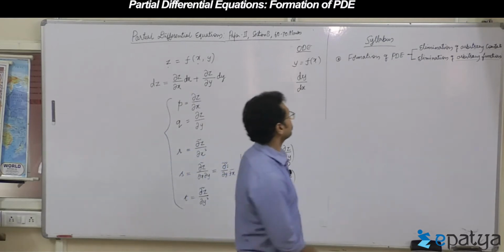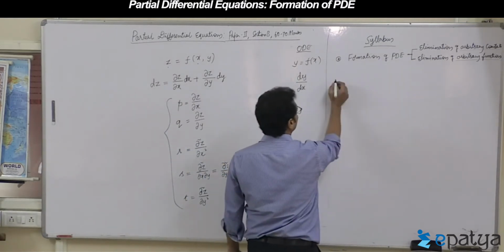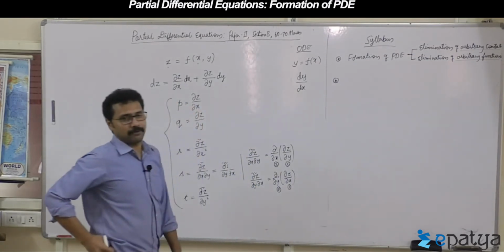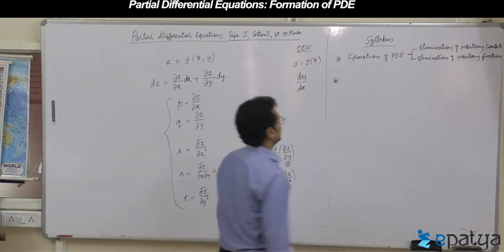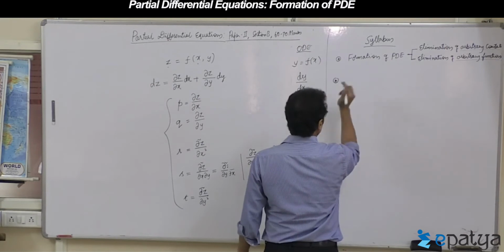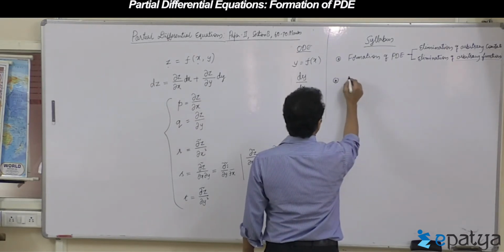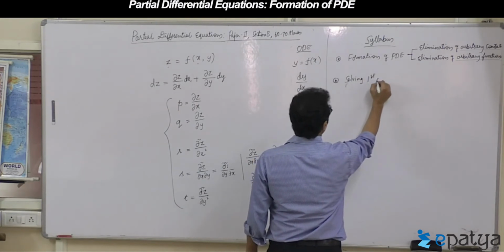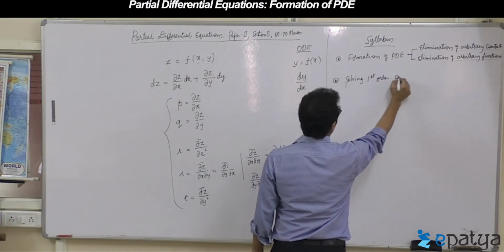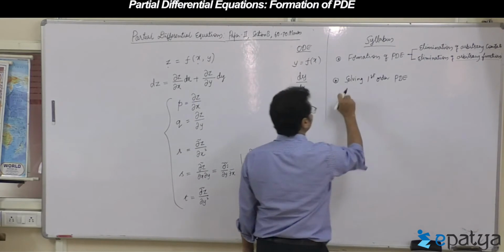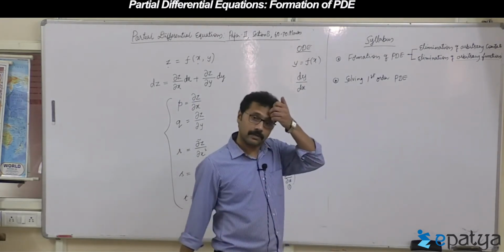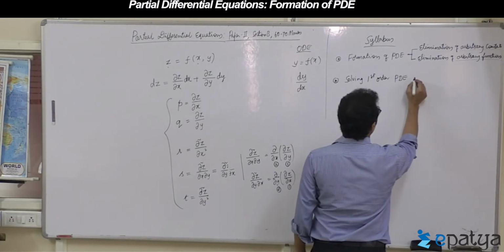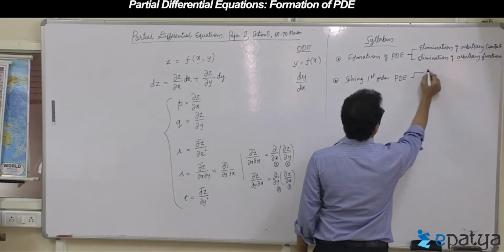Okay. Anyway, let us continue with our discussion on the syllabus. So first is obviously formation. Second is solving first order partial differential equations, in which you have two varieties again.